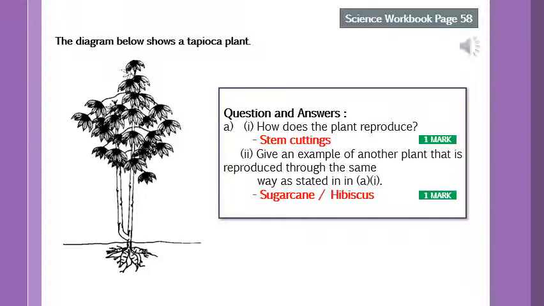So I literally just gave the answer for the second one. The second one: give an example of another plant that is reproduced through the same way as stated in A1. I just mentioned this now. It is sugarcane or hibiscus.